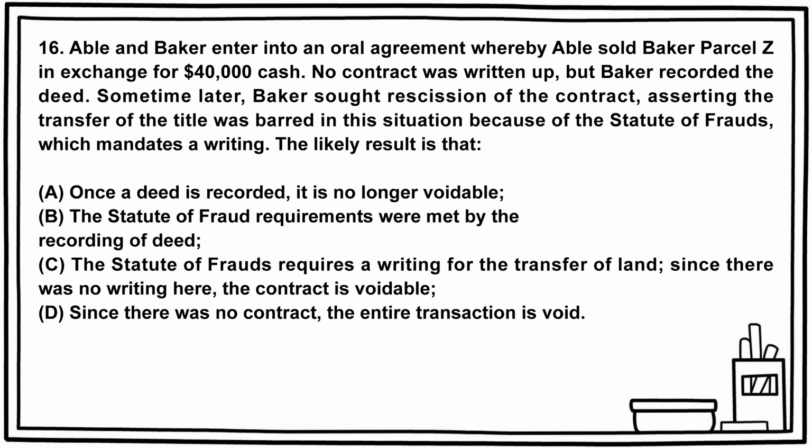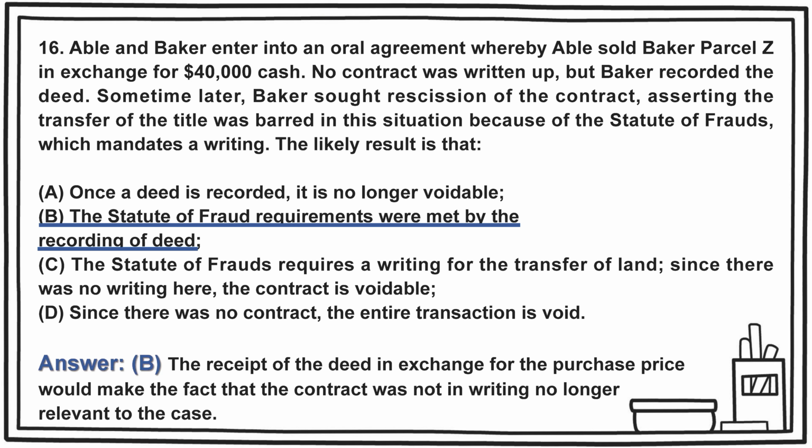C. The Statute of Frauds requires a writing for the transfer of land. Since there was no writing here, the contract is voidable. D. Since there was no contract, the entire transaction is void. Answer, B. The receipt of the deed in exchange for the purchase price would make the fact that the contract was not in writing no longer relevant to the case.